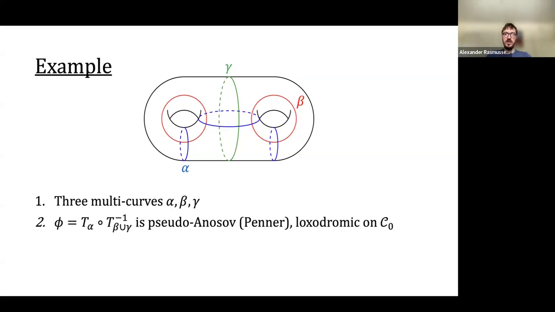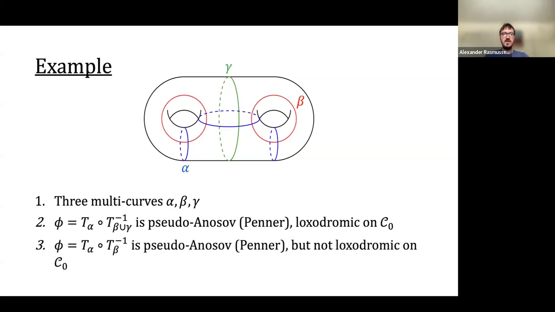Then we get a pseudo-Anosov, which is loxodromic on C0. But if we leave gamma out, we again get a pseudo-Anosov by Penner's construction, but this time it does not act loxodromically on C0. And the difference has to do with the polygons that exist in the complement of these three multicurves.